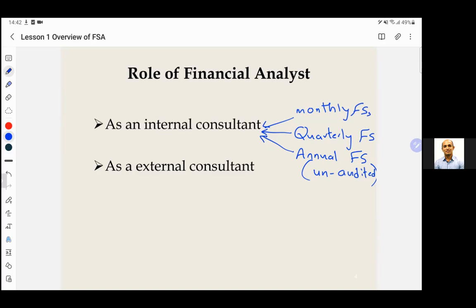So once you have done the accounting analysis, then your financial statements are ready to start the analysis. So you can start the financial analysis. Now you see, before doing any analysis, you have to make sure that the financial statements are suitable for your analysis.